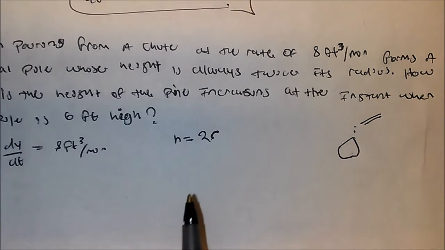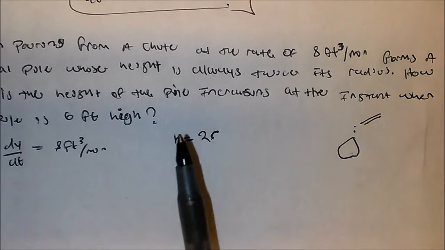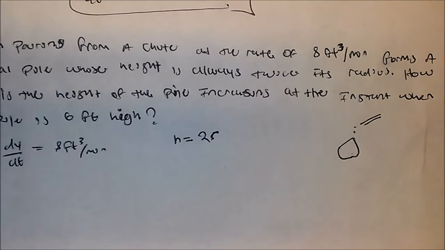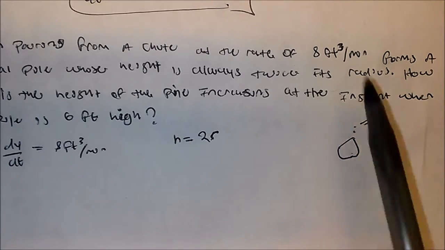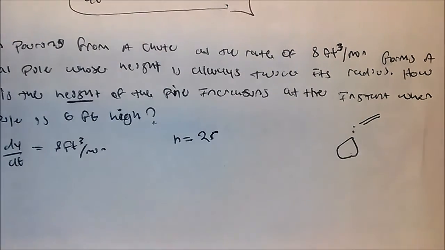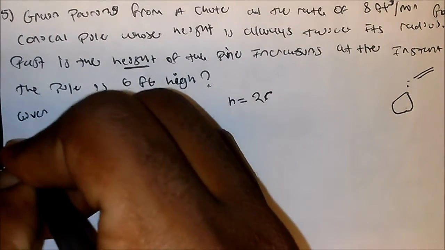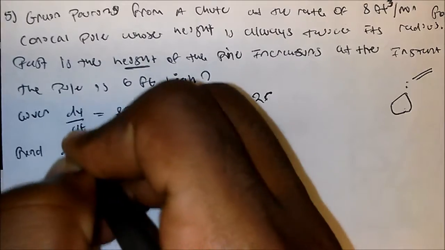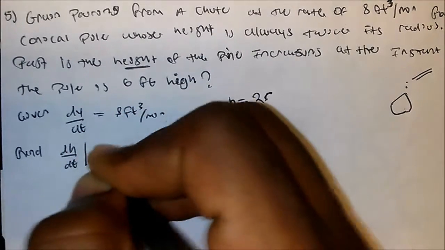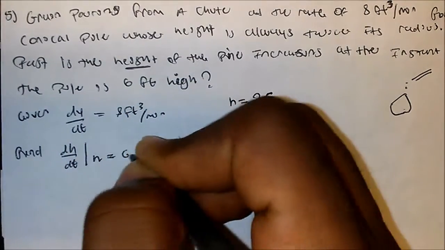If you look at what we're really trying to find, we're trying to find dh with respect to time, because how fast is the height of the pile increasing at the instant when the pile is 6 feet high. So again, we're going to find dh/dt when h is 6 feet.